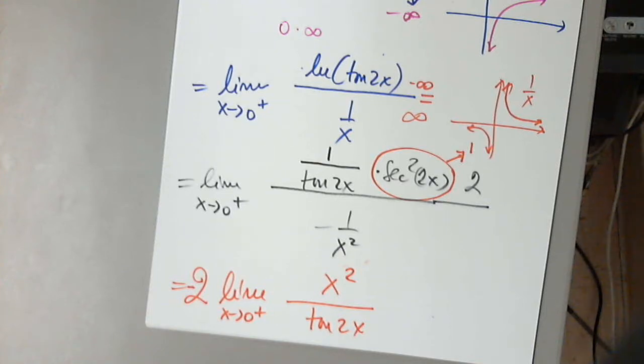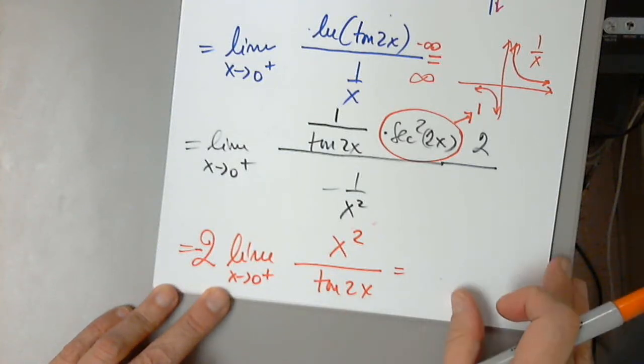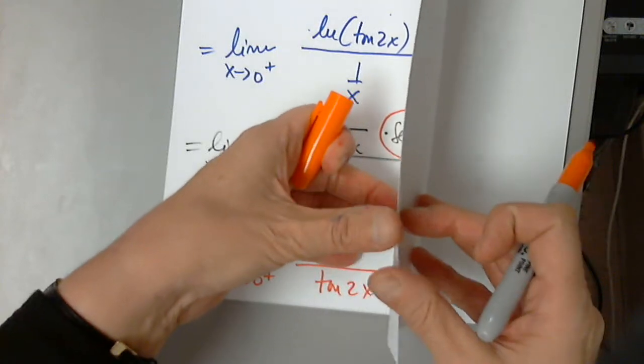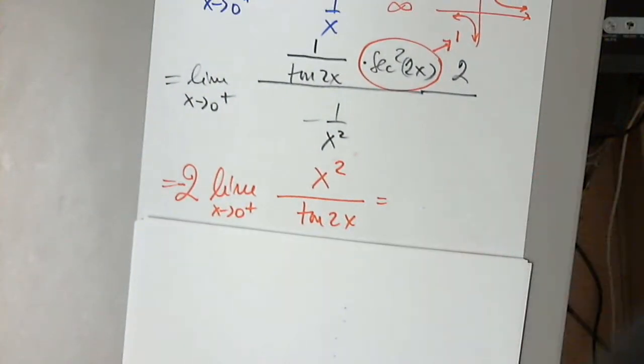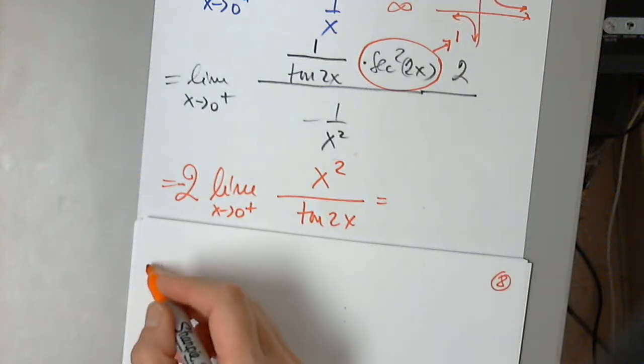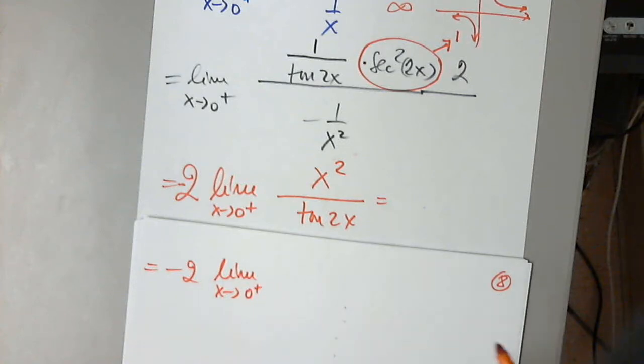Yes, you will say it's 0 over 0, and I would have to agree. But I really would like to change this into sine over cosine, because cosine can disappear. It's a friendly function around 0. So this is negative 2 times the limit as x approaches 0 from the right.